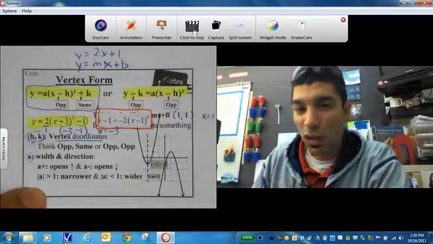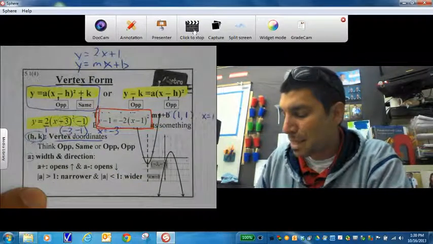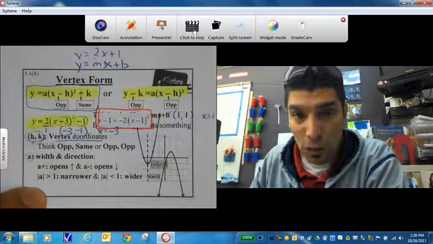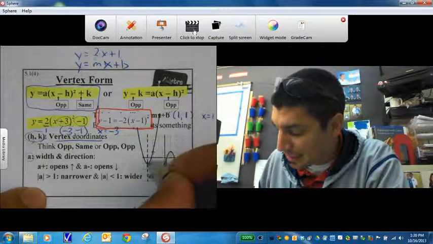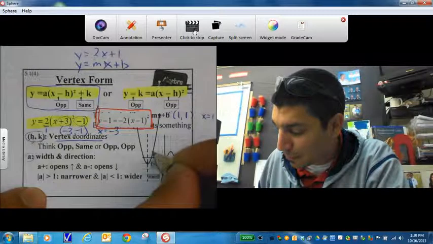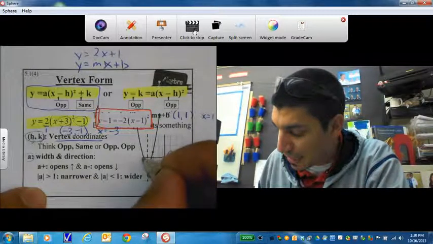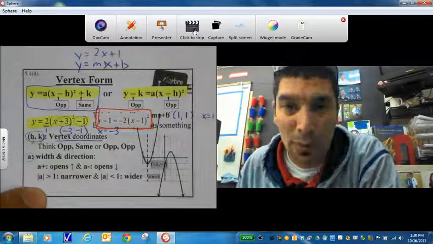So don't think of it like it's a slope, but it will give me my general idea that I go to the right 1 and up 2, to the left 1 and up 2, and that will give me the start for how wide my parabola is.